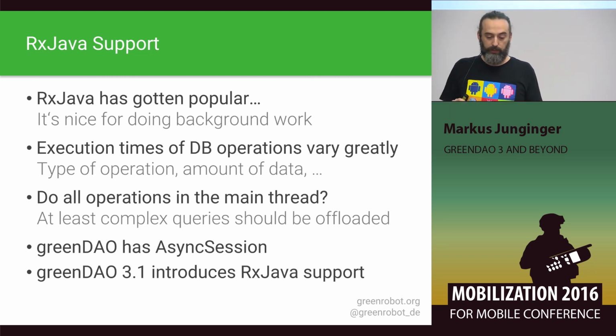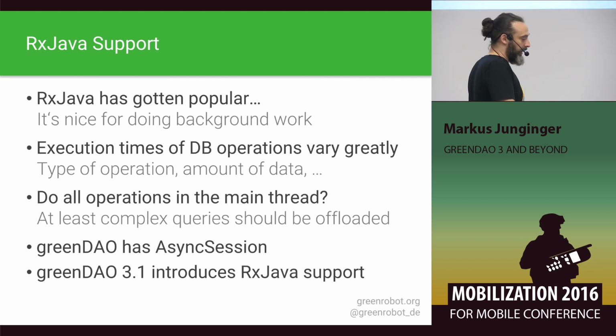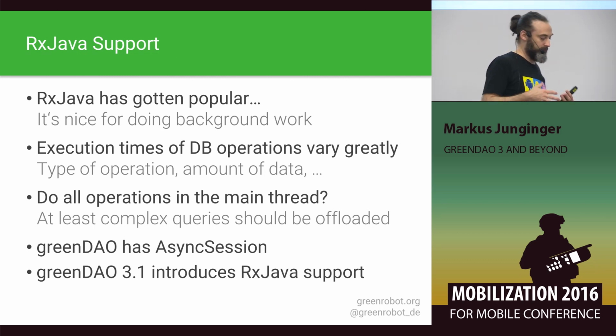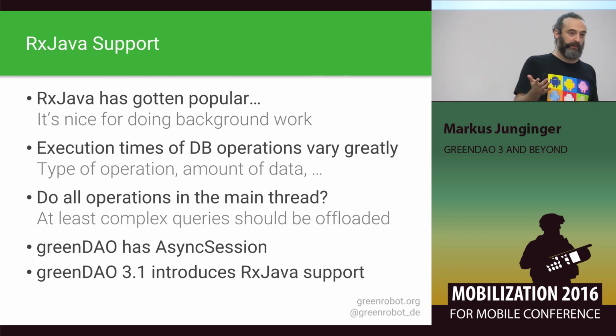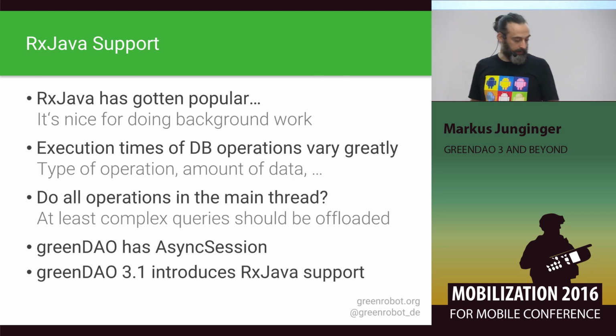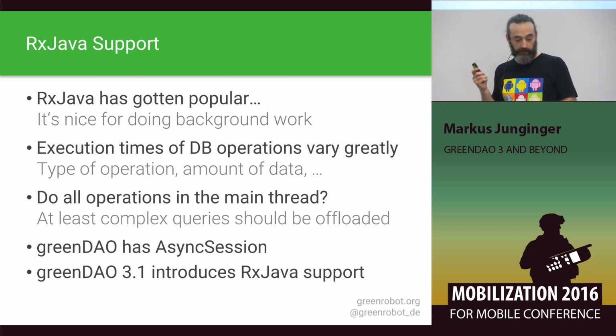Some are super strict and say never do database work on the main thread. I'm usually not that strict because it just works, as it's like 1 millisecond. That's okay. greenDAO already has a model for this with asynchronous sessions, but as an alternative, there's Rx support now.